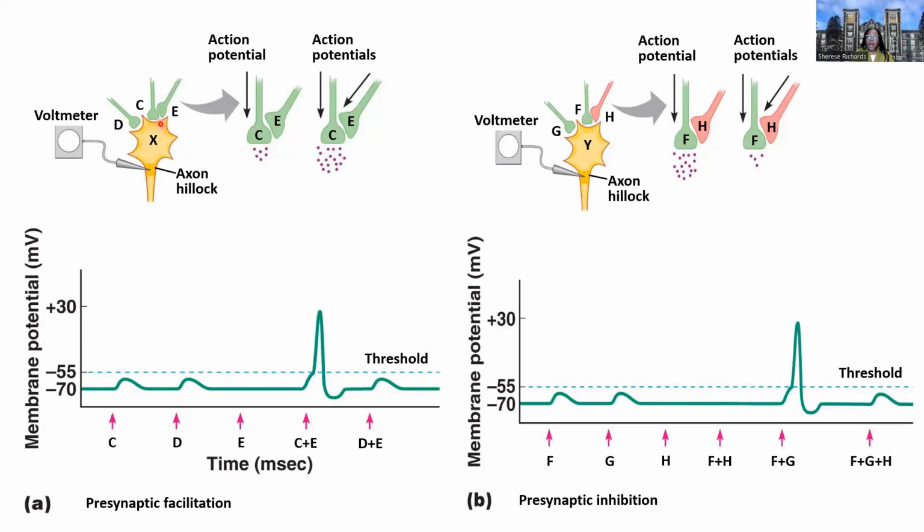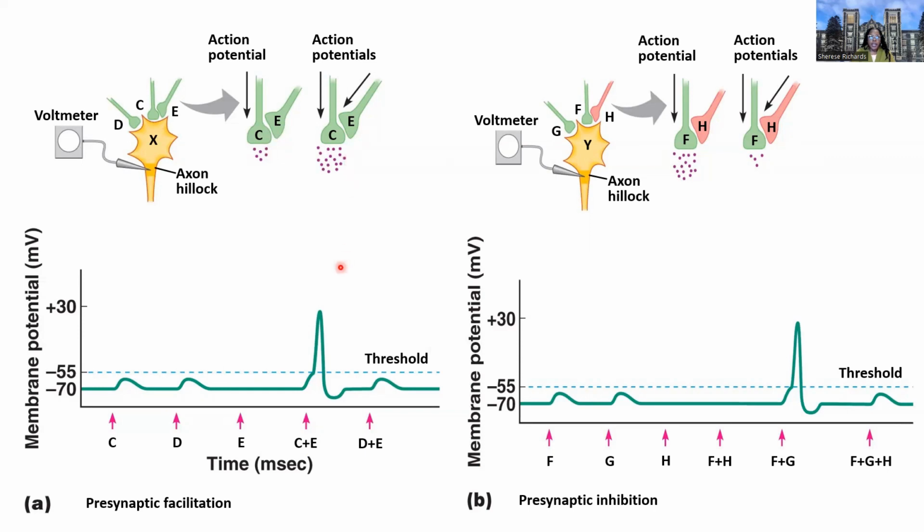I want to make it clear that the modulating neuron does not directly influence the membrane potential. It is not synapsing onto the cell body here, so it doesn't on its own change the membrane potential. All that it does is encourage more neurotransmitter to be released. Here is the action potential from neuron C, and here is how the modulating neuron, E, augments or facilitates more of that neurotransmitter to be released.